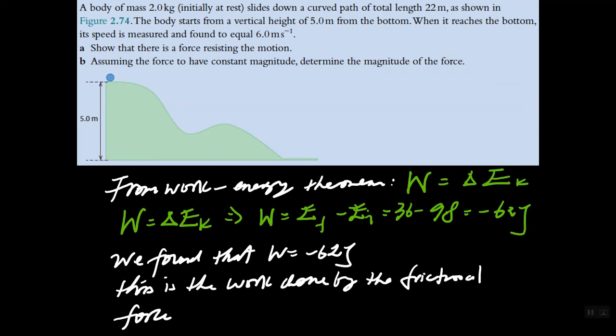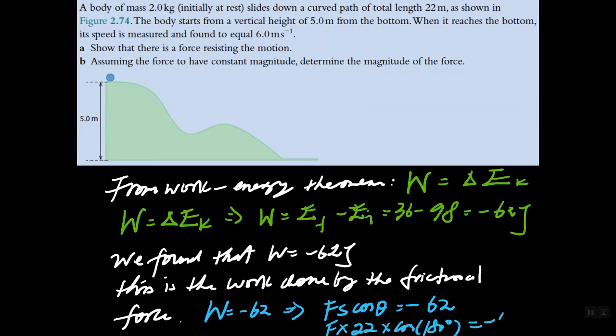And work done equals minus 62, which equals force times the distance times cosine theta. Force times the distance traveled. The body of mass 2 kilograms slides down a curved path of total length 22. So F times 22 times cosine 180 degrees.